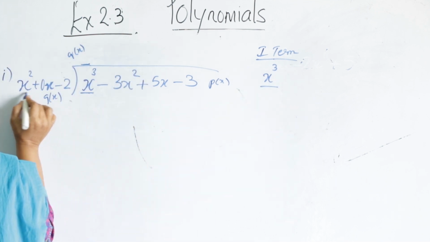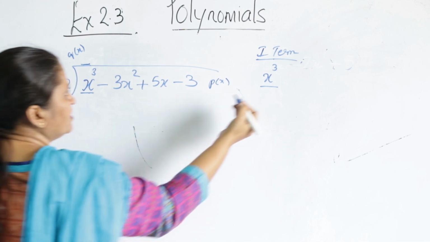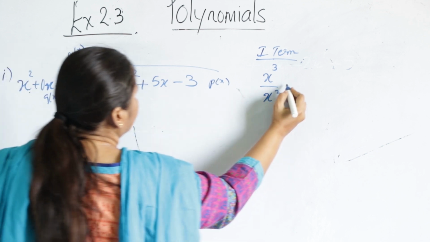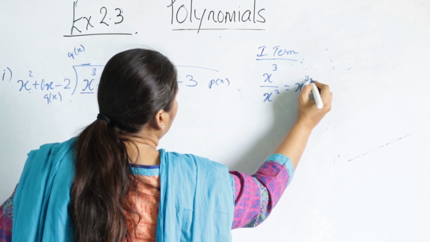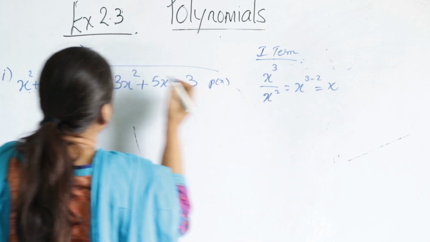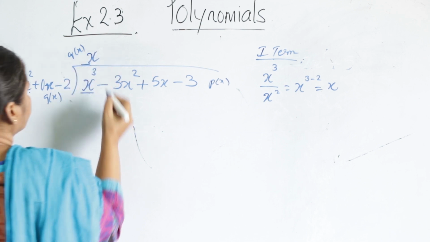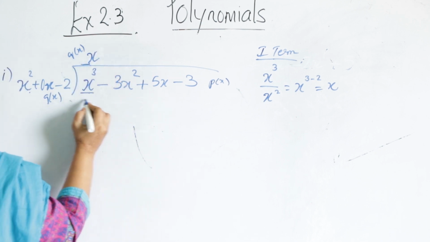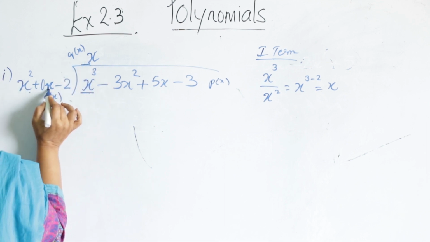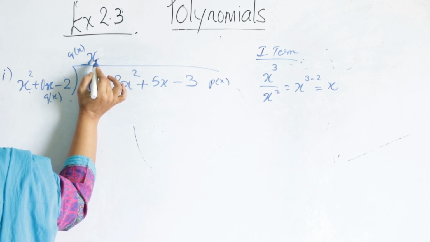The first term of g of x is constantly used in the denominator, x square. So using the law of exponents, it becomes x. So the first term is x. Right? Now we will start writing this line. Now we have to multiply every term of g of x by x. So let's begin.